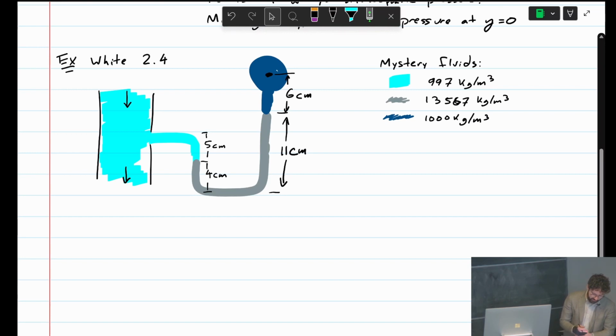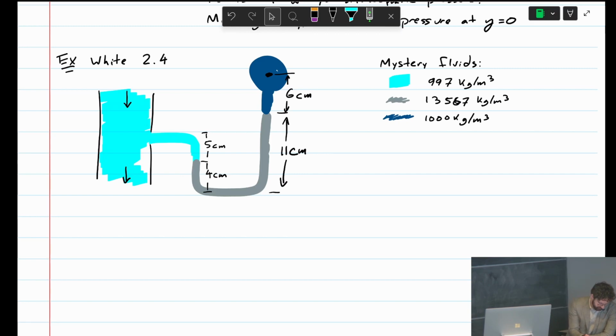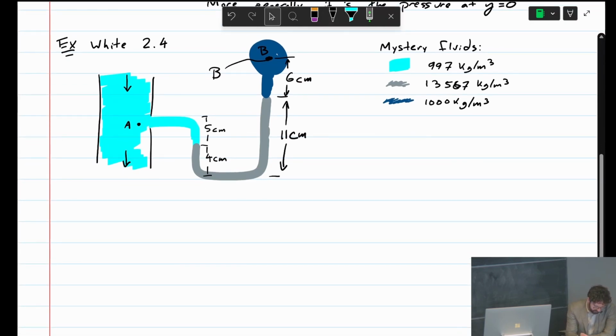So this is the problem statement here. The problem is, for point A and point B, so B is at the center of that gauge where the 6 centimeters is defined to.